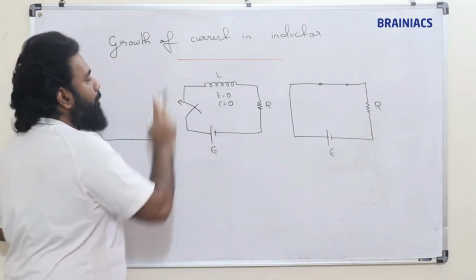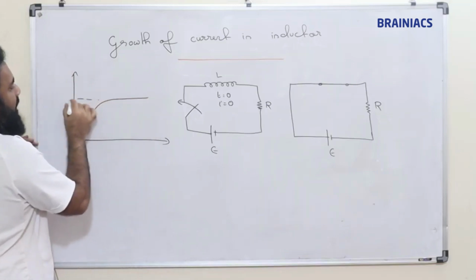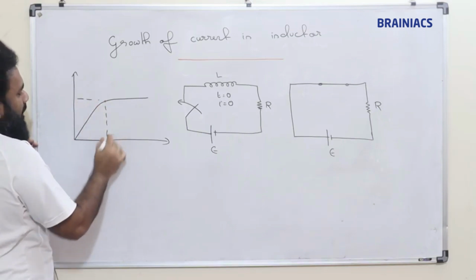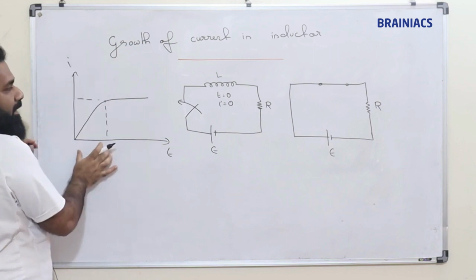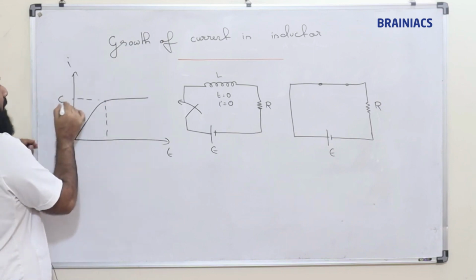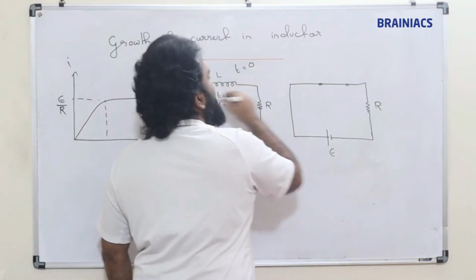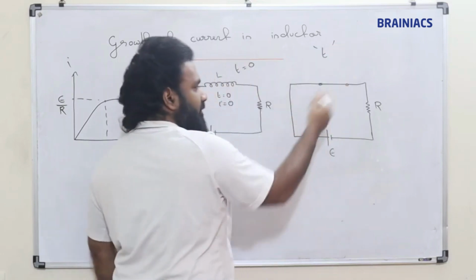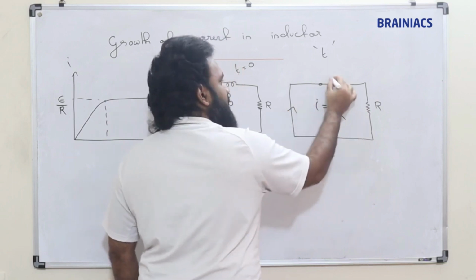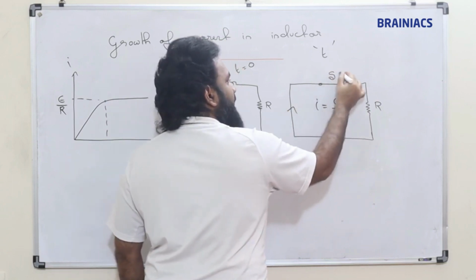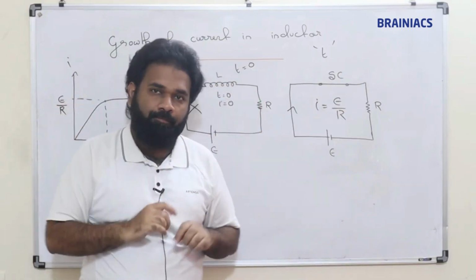Definitely the inductor will oppose, and because of this opposition there will be a slight delay, this much time delay, for the current to become E by R. After a few seconds, the current in the circuit will become E by R, and that time this inductor will act like a short circuit, just like a resistanceless wire.